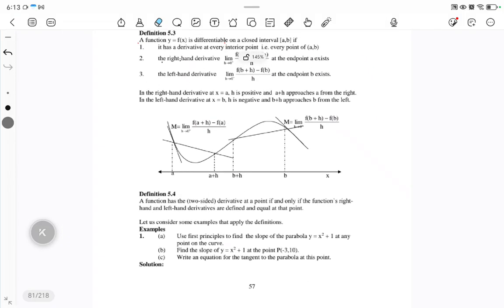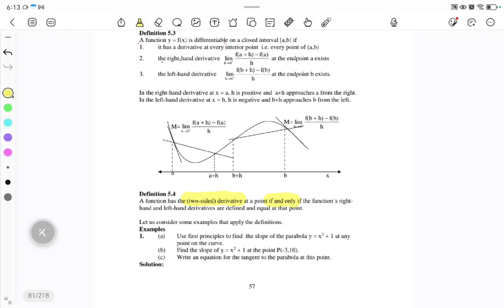So we come to this definition 5.4. They say that a function has a two-sided derivative at a point if and only if the function's right hand and left hand derivatives are defined and equal at that point. We even talked about two-sided limits, right?